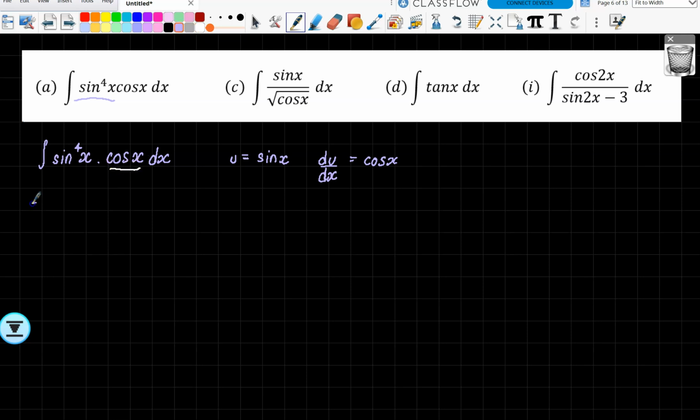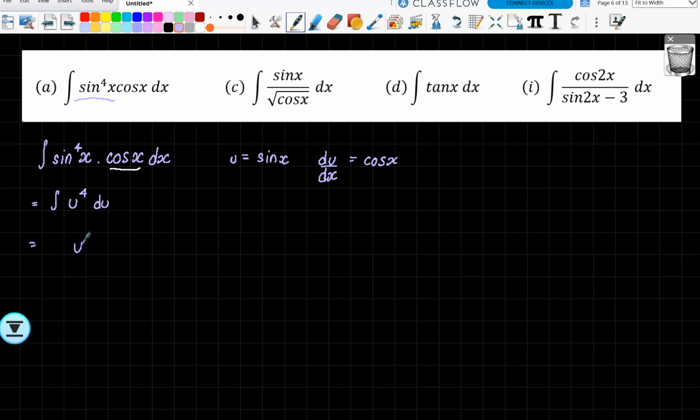Okay, so again, hopefully you've just been doing question 5, so you're in the zone. So we can say that sine x, that's your u function, so it's u to the 4. This cos x is du by dx, and you're integrating with respect to x, so that ends up being, you can say, integrating with respect to u.